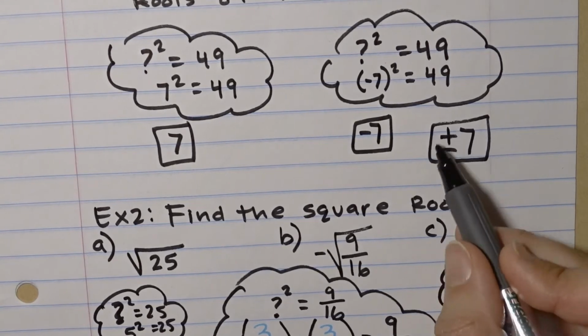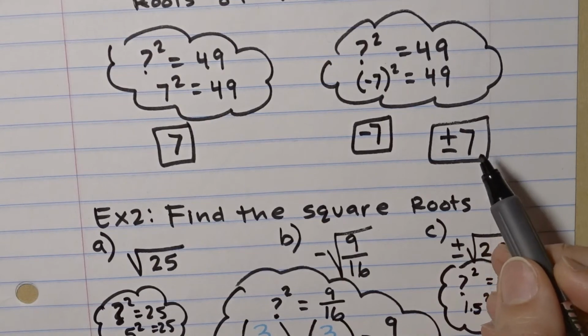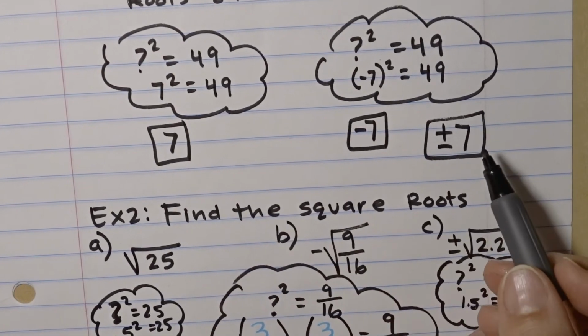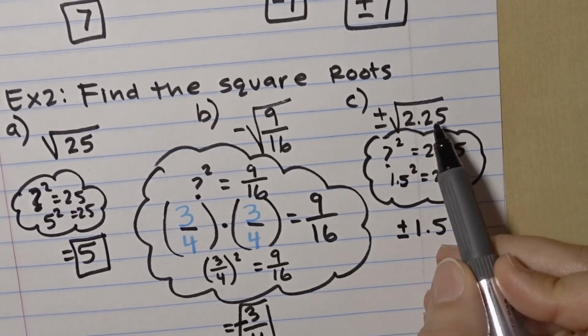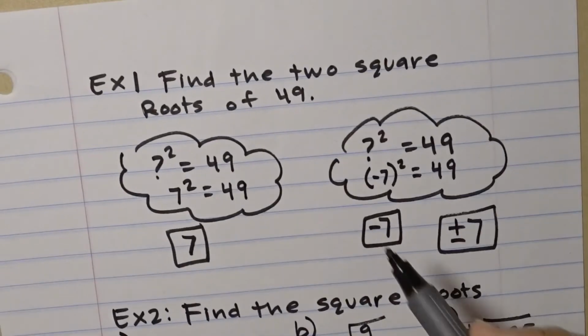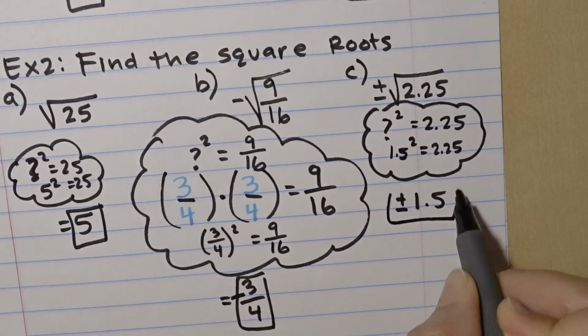This is very often used when you know that you have a positive and a negative of the same digit. Instead of writing it in two separate ways, you would use plus and minus. So in this case, they're telling me they want the positive answer and the negative answer, just like they did in example 1. So I can just put plus and minus 1.5.